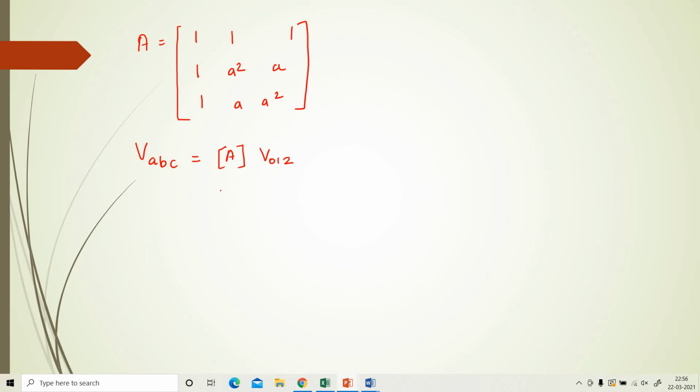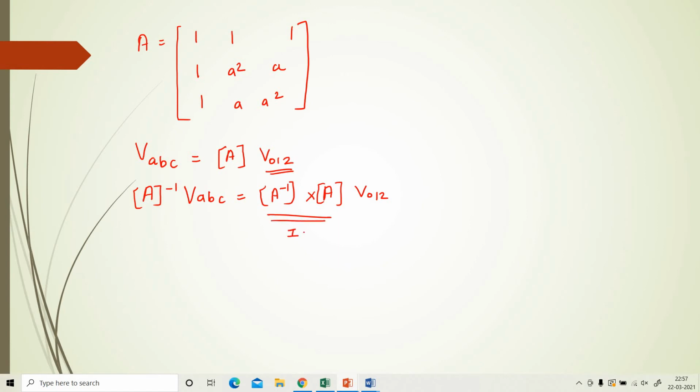Next, have to multiply A inverse on both sides of the equation to find out the symmetrical components of the voltage. So A inverse into VABC is equal to A inverse into A into V012. What is A inverse into A?